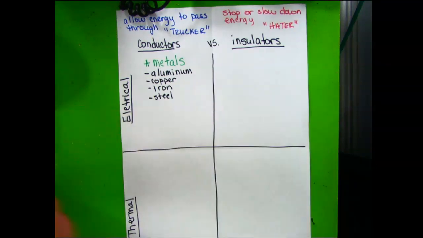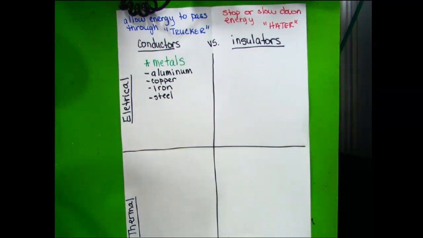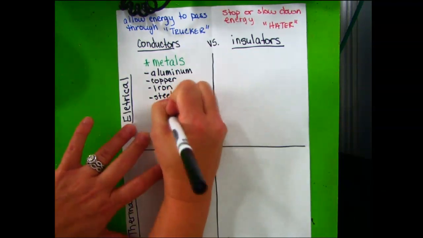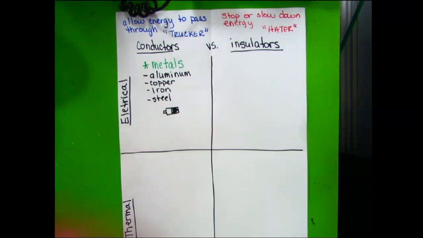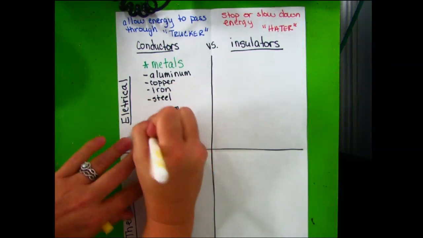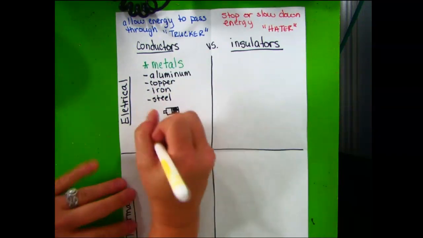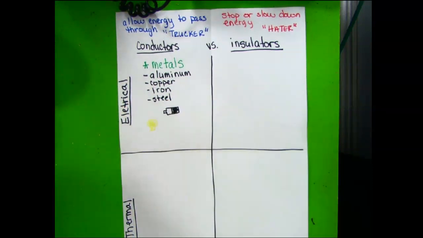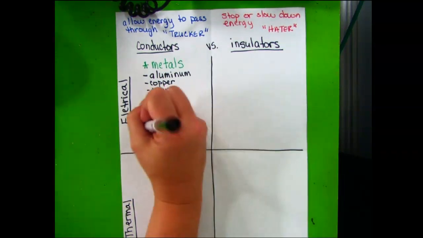So an example of how it's used is like if you have a battery and some wires. You have a light bulb. I know you can't see it, so hang on a second. There we go. It's a light bulb.